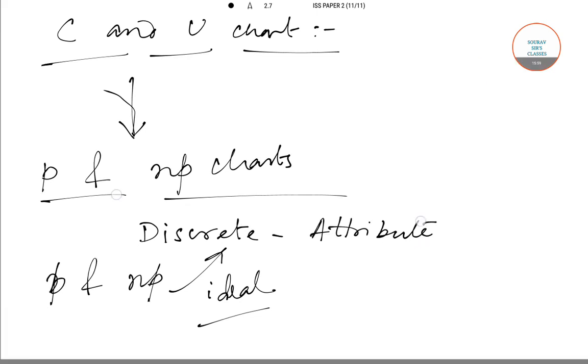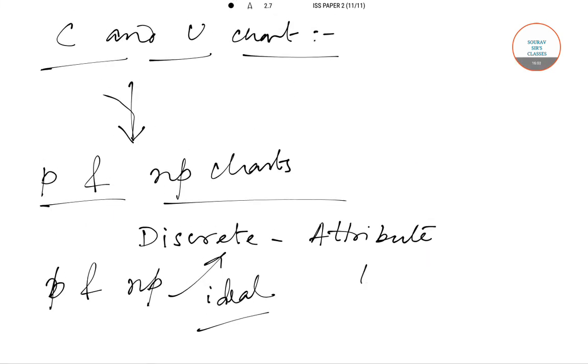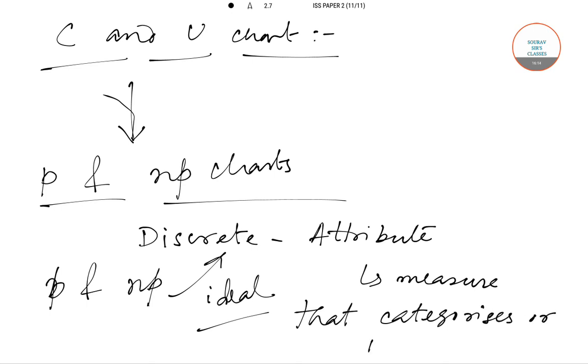Now, attribute data is for measures that categorize or bucket items.